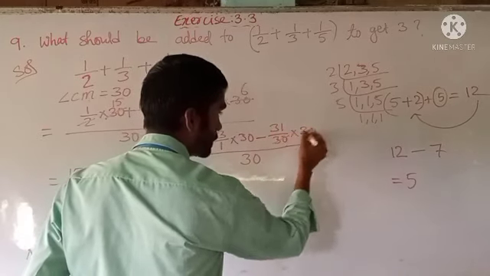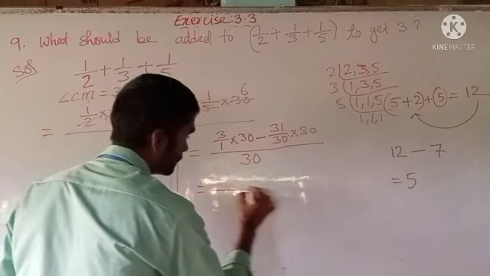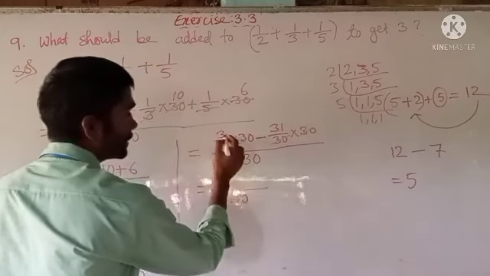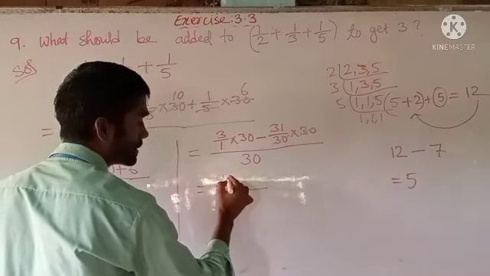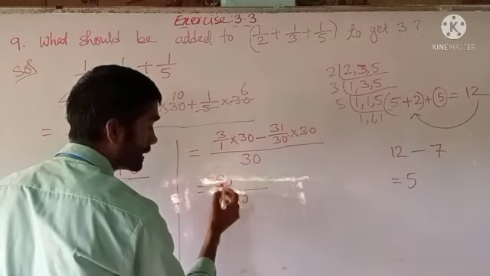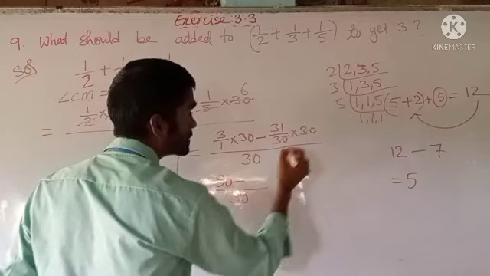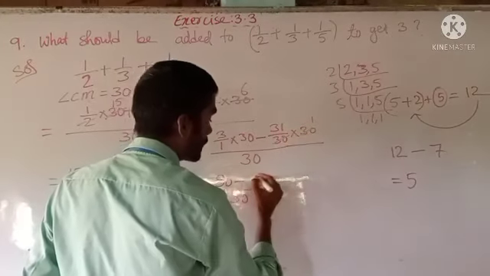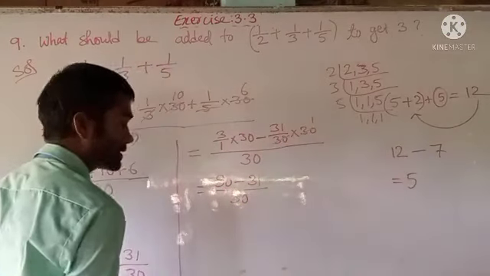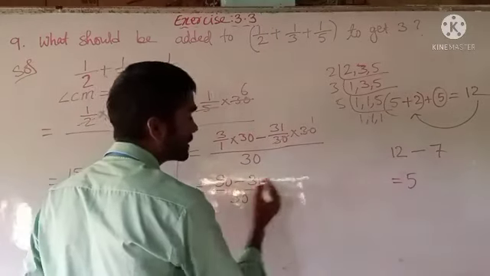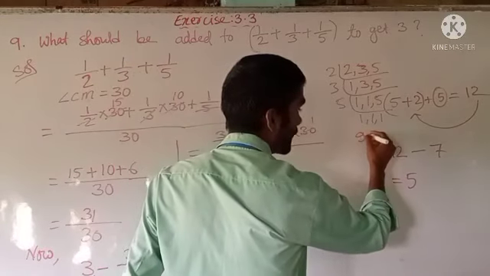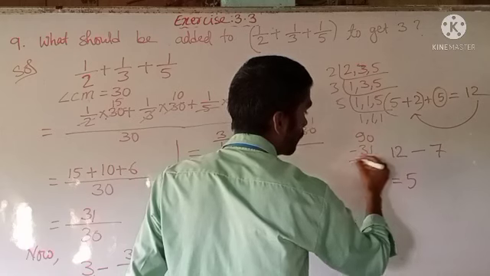So 30 and 30 we can cancel it. Now 3 into 30 will get here 90, because 3 into 3 is 9 and the 0 we wrote here. Minus 31 into 1 will get the same result, that is 31 itself. Now 90 minus 31.